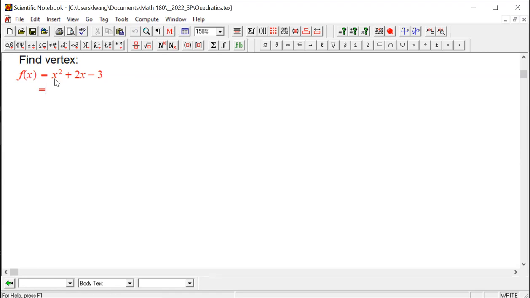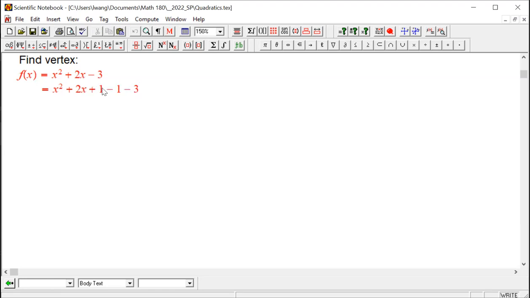So we got this, and we want to make a perfect square. This is x squared plus 2x, so I'm going to add 1 and subtract 1. This operation adds a 0, and anything plus 0 stays the same. According to our mathematical principle, this expression is the same as the latter expression.